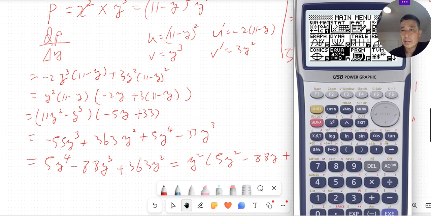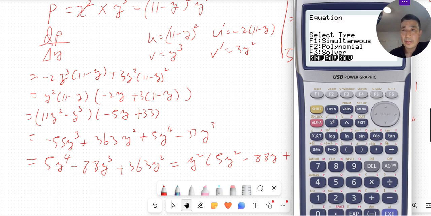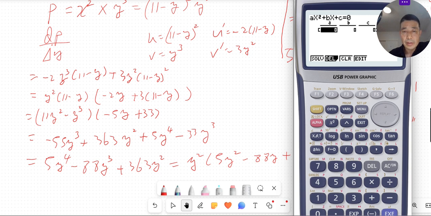So down there, polynomial and degree 2. The first number, I mean coefficient of x squared, so in this case y squared, 5. And second is minus 88. And third one is 363. And solve.